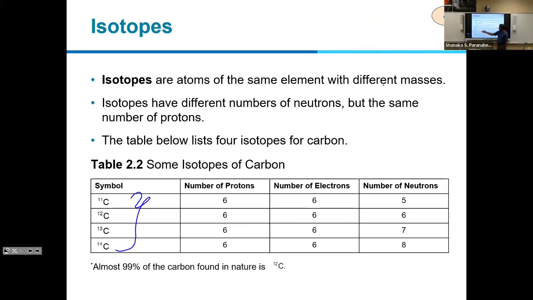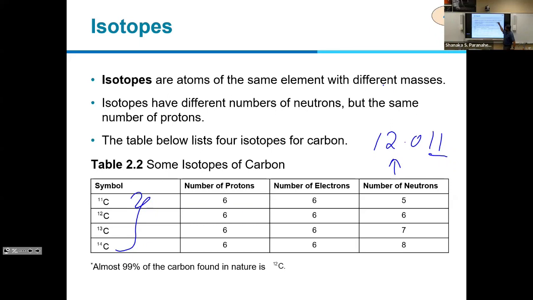Most of the carbon atoms are C-12 type, and there are a few heavy atoms like C-13 and C-14. That's why the average mass is around 12.01. Over 95% of carbon atoms are C-12 type, so the average is around 12, slightly heavier because of the few heavy atoms.